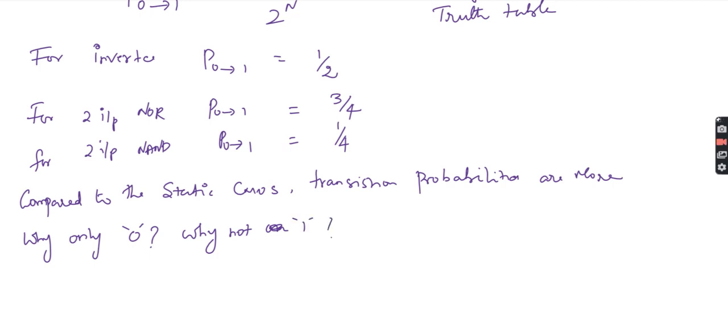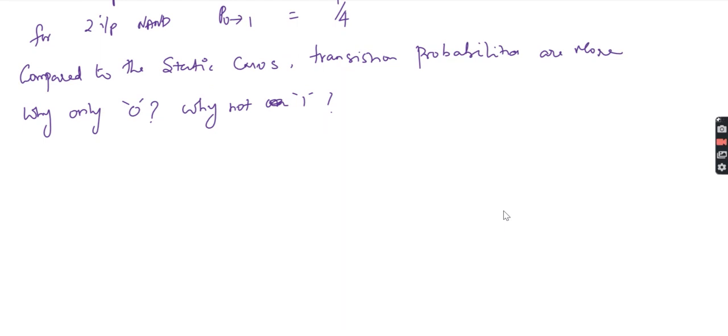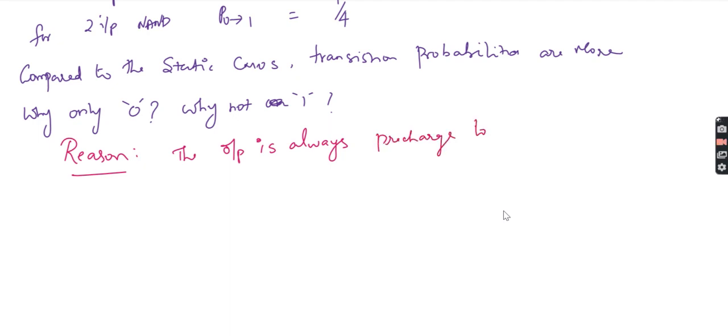Why are you considering only 0, why not 1? The reason is the output is always pre-charged to 1. So that is P1 is equal to 1 always. Already we've seen this. So that is the reason we took only the 0 state.